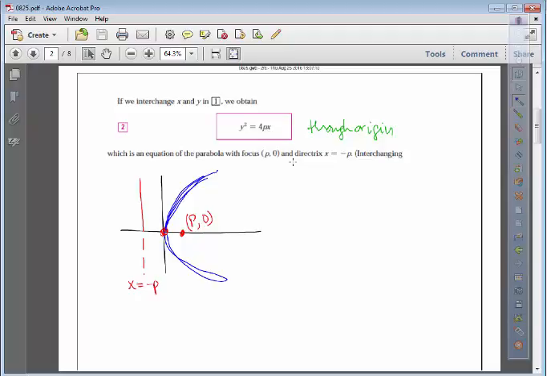P, negative P. Y-intercept. Yeah. Maybe.